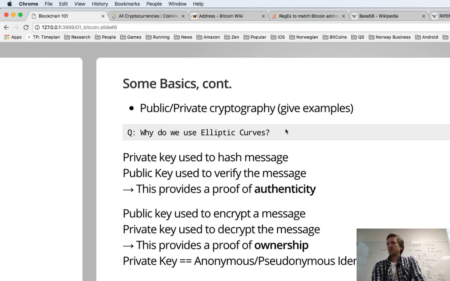Why do we use elliptic curves in general instead of the simpler cryptographic systems that we were using before? What do the elliptic curves give us for public-private key cryptography?